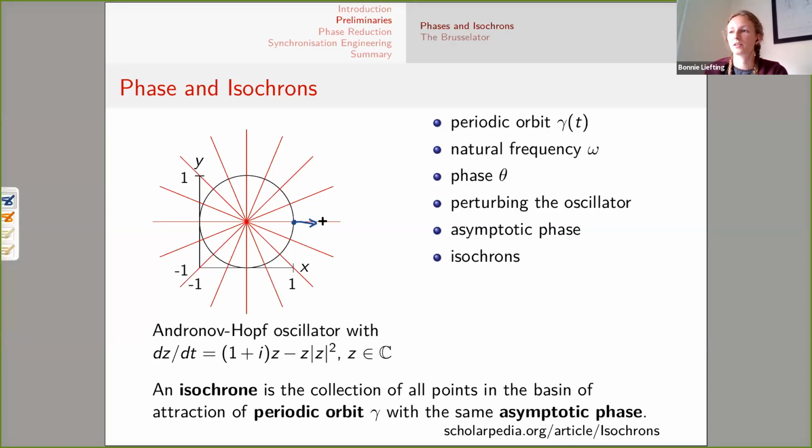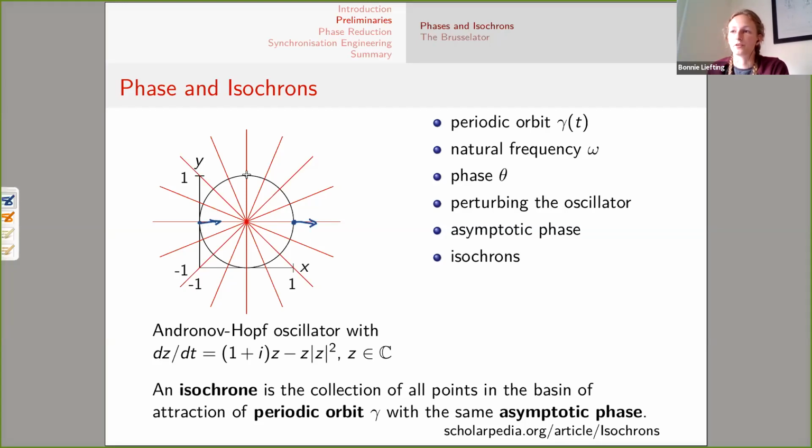So when you reduce a full system to its phase reduction, you have to scale the perturbation you're making. You have to multiply it by 0 because it's not changing the phase, even though you're changing x. And when you're here, it's the same. If you kick it that way, it's not going to change the phase.